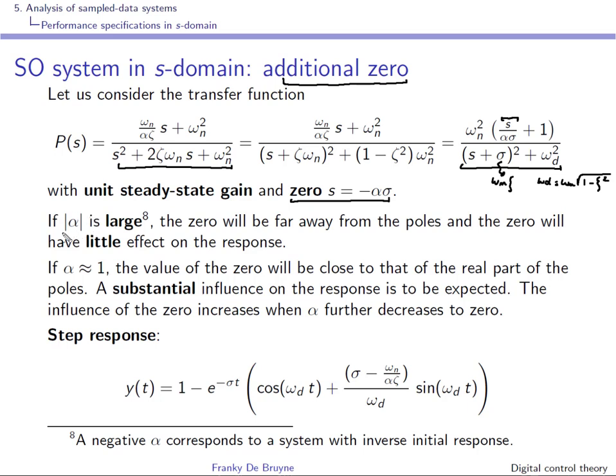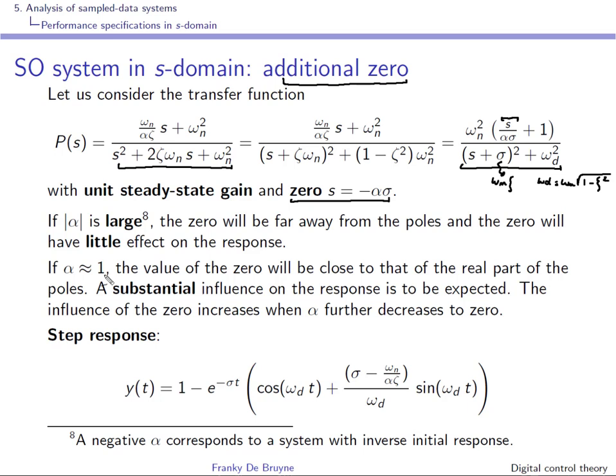So you see that when alpha is large in modulus, the presence of the 0 will have very little effect on the response, and this 0 will be very far from the two complex conjugate poles.